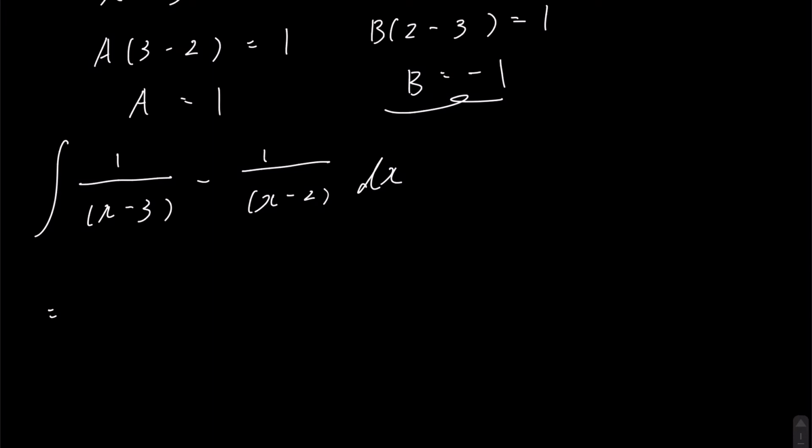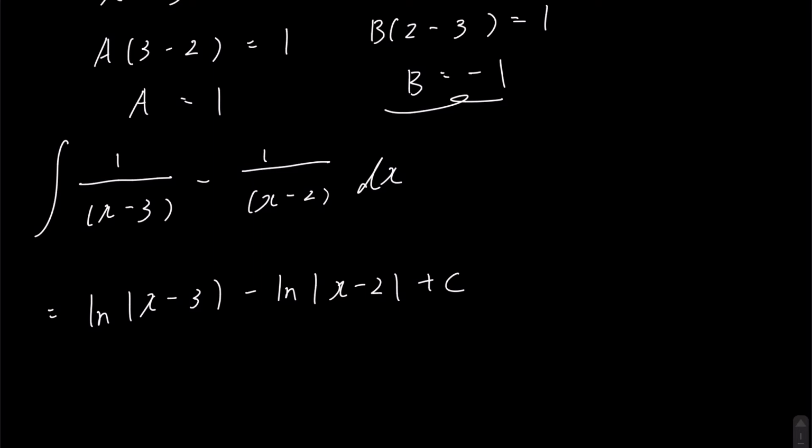So let's do that. You can use substitution, but as you know our numerator is 1, so our answer will be natural log of x minus 3 minus natural log of x minus 2 plus c.